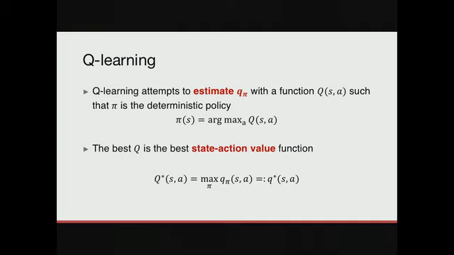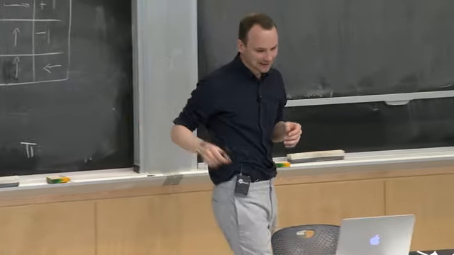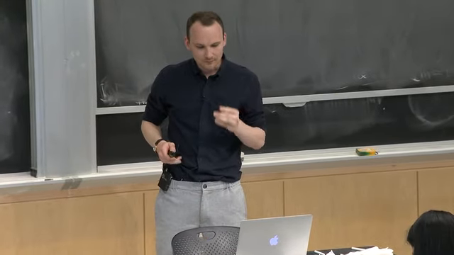Q star, the best estimate of this, is obviously the thing itself. So if you can find a good function that assigns a value to a state action pair, the best such function you can get is the one that is equal to little Q star. Hope that wasn't too confusing. I'll show on the next slide why that might be reasonable.